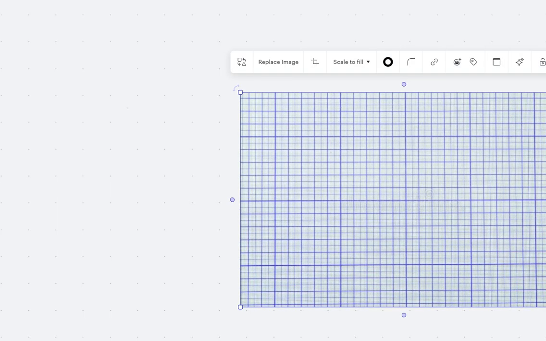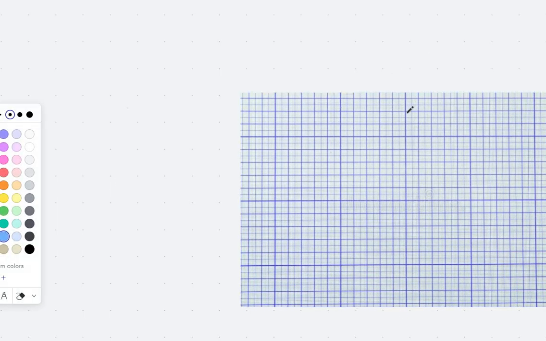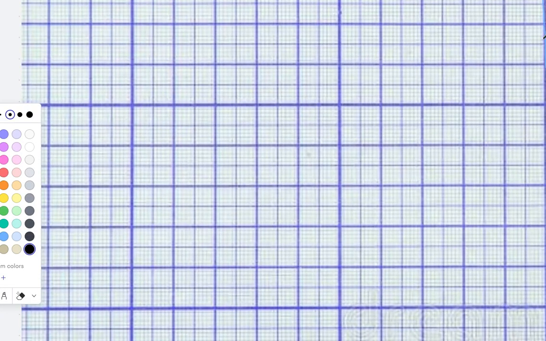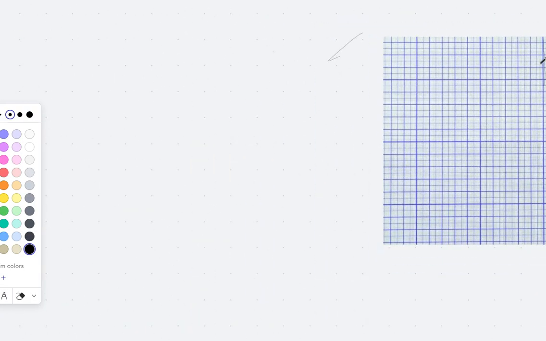Let me draw our origin real quick. Oh my god, what happened to the thing? It becomes so thin. So, okay. Just say our origin is right here. You know what an origin is, basically where the x-axis and y-axis intersect.